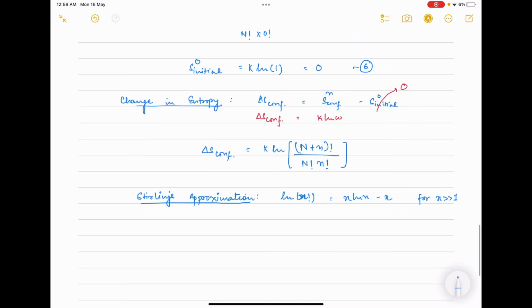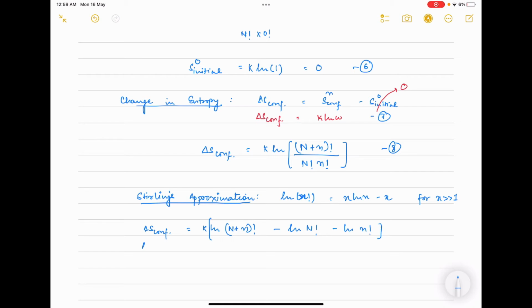So applying the same to our equation number 8, we get delta S configurational is equal to k times ln (N plus n) factorial minus ln N factorial minus ln n factorial.